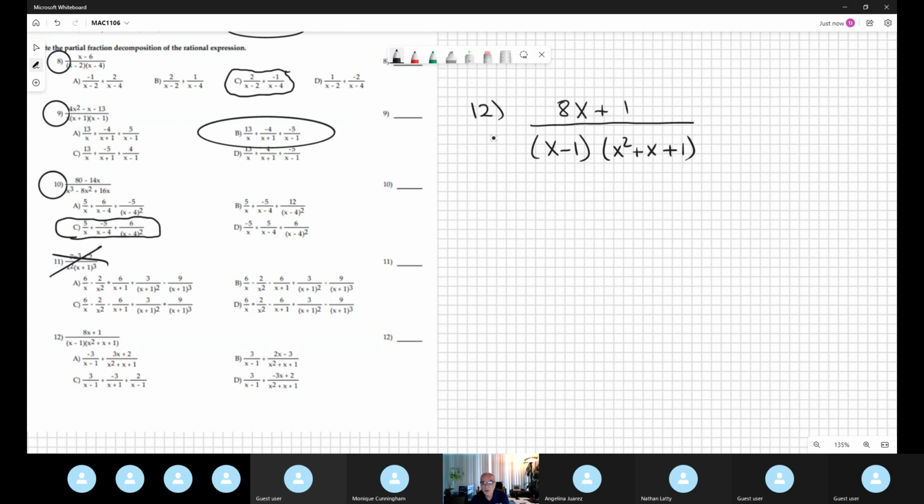Okay, now, this factor is real linear, non-repeated, of course, no square, no cubic, and this is quadratic irreducible. How do you know it's quadratic irreducible? How do you know it's impossible to break it down into two factors?